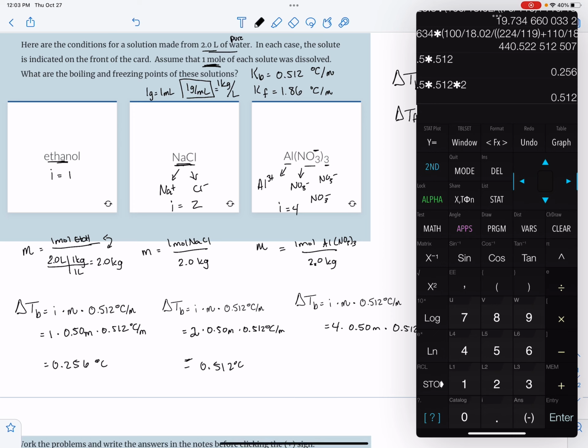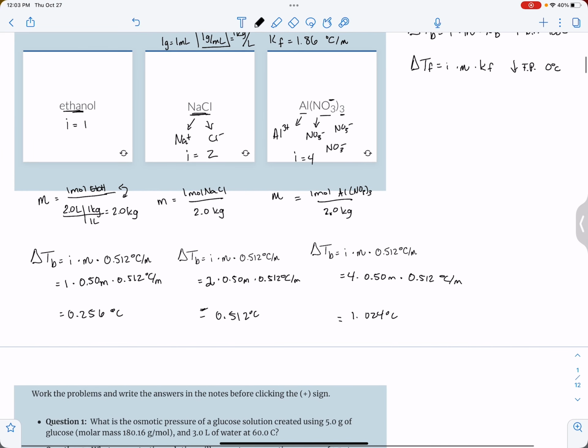And I am throwing in an extra sig fig that I don't need to. I'll go back and fix it in just a second. And then again, same thing. On this calculator, I can also just type the equation instead of doing second entry. And this one gives me 1.024 degrees Celsius. I'll go back and make them 2 sig figs, or at least be aware that I'm doing 2 sig figs. Oops. 2 sig figs on this one would be that.